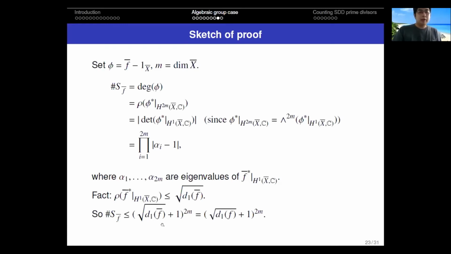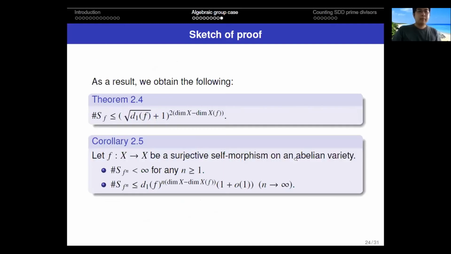So we can obtain the bound. As a result, we obtain the following bound. So in particular, the main theorem holds for the abelian variety case, and the general algebraic group case is reduced to the abelian variety case.